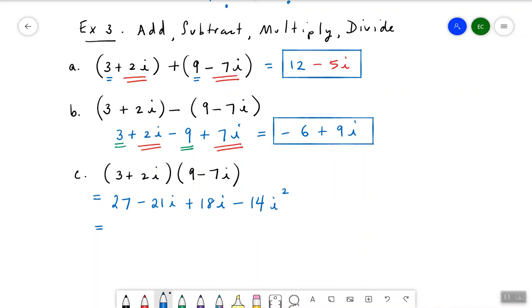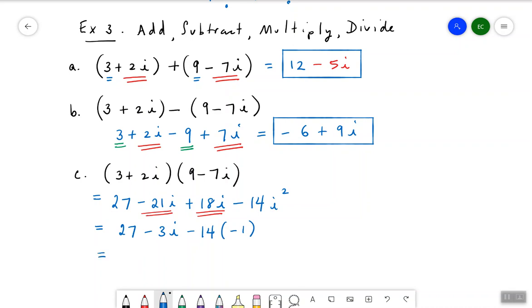It might be nice if we just took a step right now. The negative 21i plus 18i, those are like terms. You can add them together and get negative 3i. So we might as well go ahead and do that. And then the minus 14 times i squared at the end. Remember that i squared is the same as negative 1.